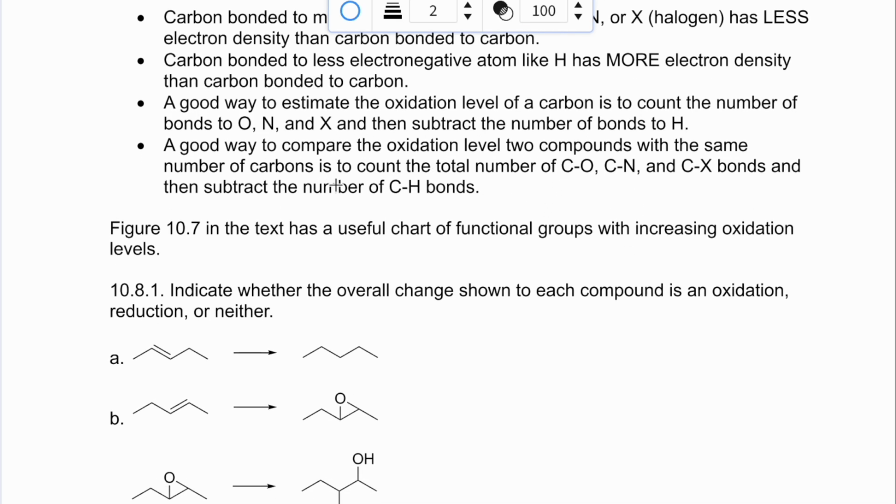So to compare the oxidation level of two compounds overall, you could just count the total number of carbon-oxygen, carbon-nitrogen, carbon-halogen bonds. Those would be increasing the oxidation number. And then you would subtract the number of carbon-hydrogen bonds, because that would be decreasing the oxidation number.